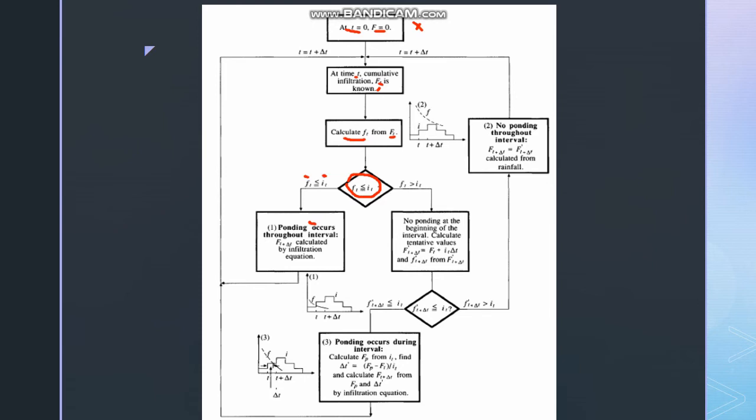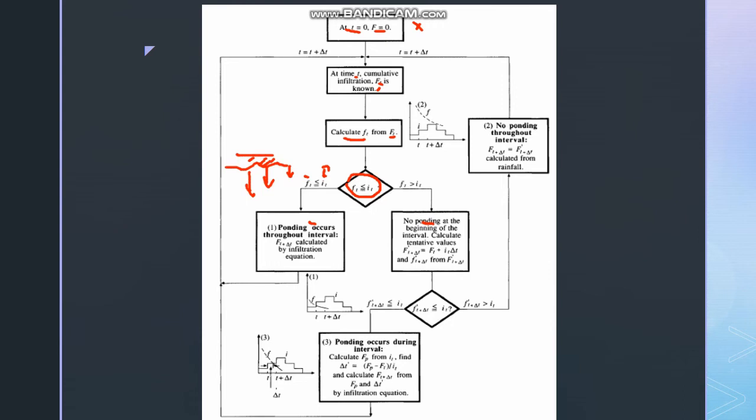Because intensity is high and the infiltration rate is low, the water is going to be on the surface, right? The water no longer infiltrates down and starts to pond over the surface of the ground. If the infiltration rate is bigger than intensity, it goes directly to no ponding. There is no ponding, okay?